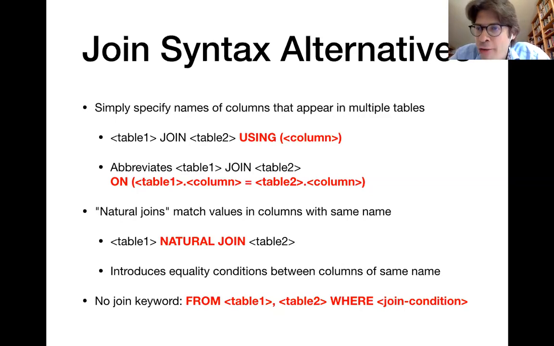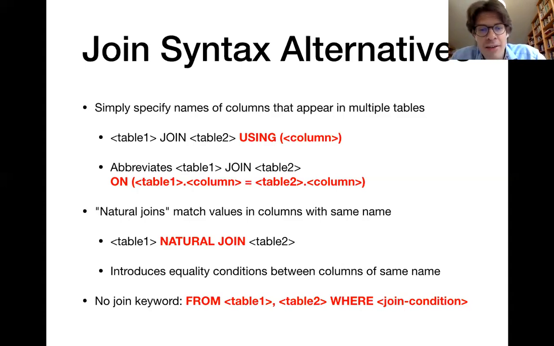For instance, often those join conditions are actually equality conditions between columns of different tables. Here you can use the using keyword and simply write the name of the column that should be equivalent, and then it is automatically expanded into this equality condition.